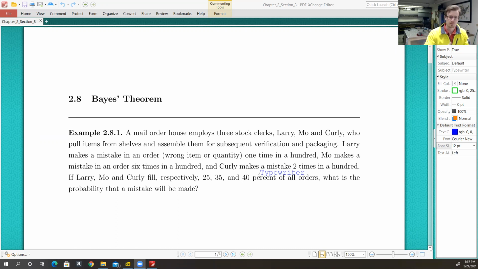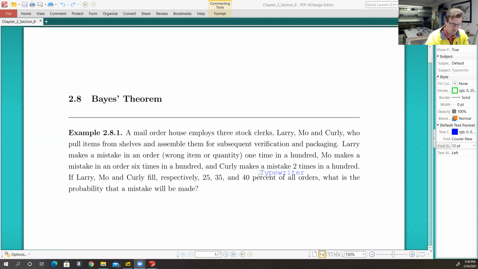Okay, so a mail order house employs 3 stock clerks, Larry, Mo, and Curly, who pull items from shelves and assemble them as a package, right? Put it together in a box, whatever, for subsequent verification and packaging. Excellent. So maybe they don't put it in the box. Maybe they just gather it together, send it somewhere else to be verified and packaged.